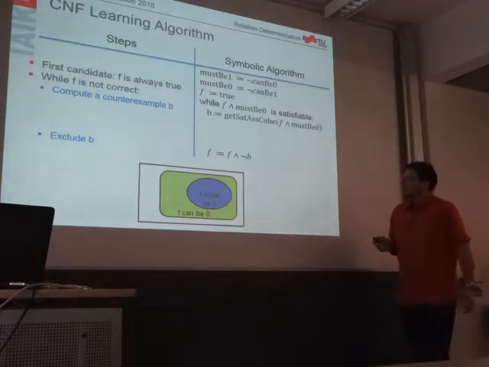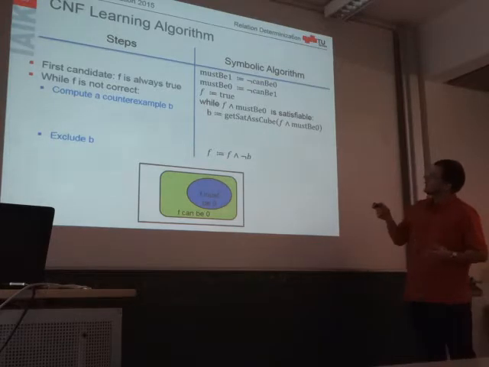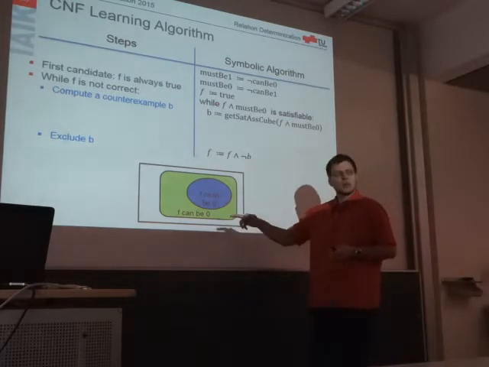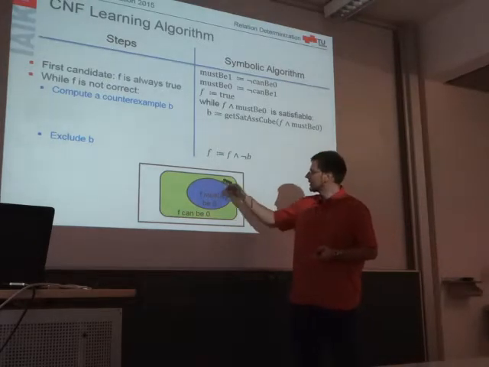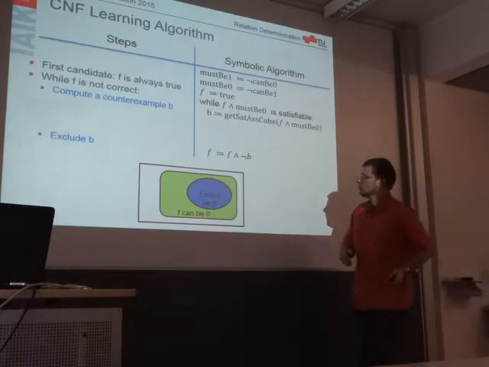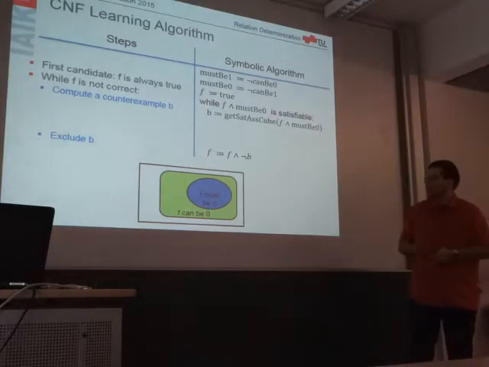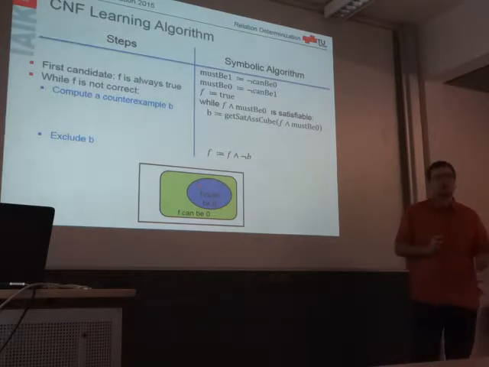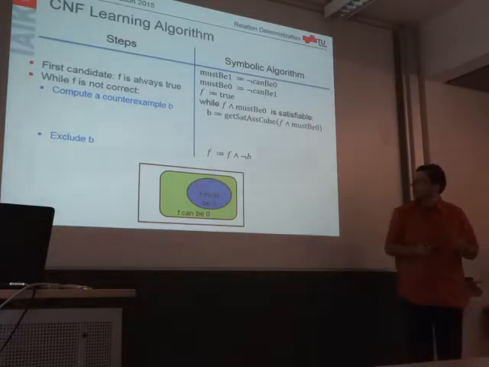So if we make the intersection of f and the blue area, where it must be 0, initially f is the whole rectangle, and the intersection with the blue area is just the blue area. This is obviously satisfiable because there is a whole bunch of things in here, and we just pick one possible assignment that's in this set.